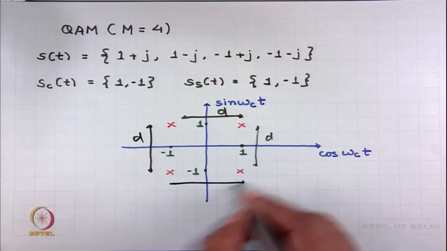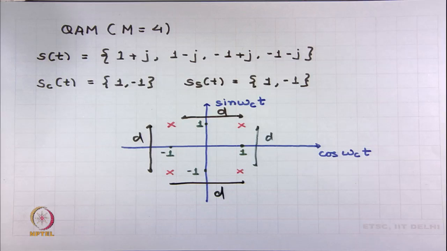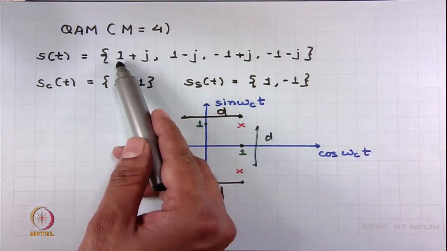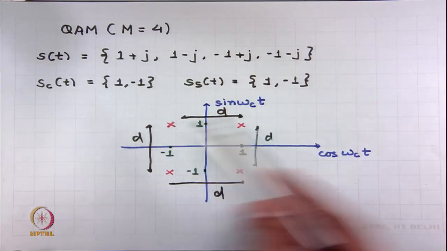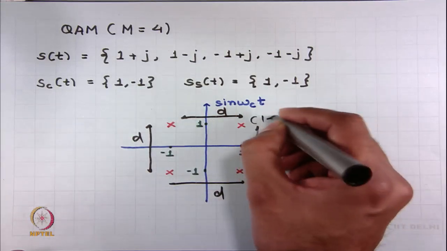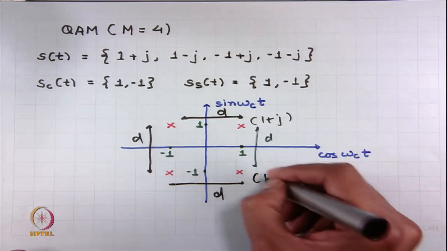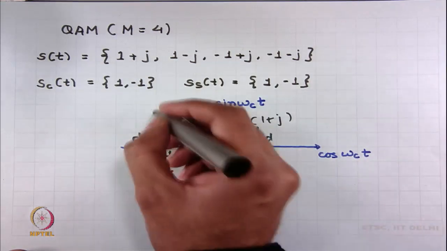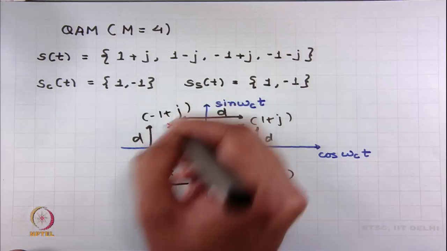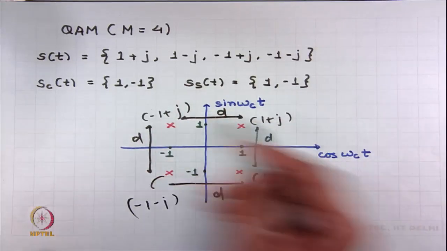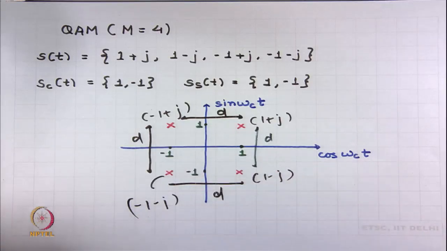Right. So, we have 4 symbols, one symbol can be 1 plus j, this is 1 minus j, this is minus 1 plus j, and this is minus 1 minus j. So, I am allowing for 4 complex numbers.